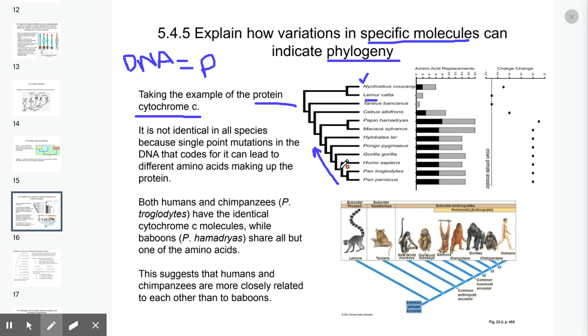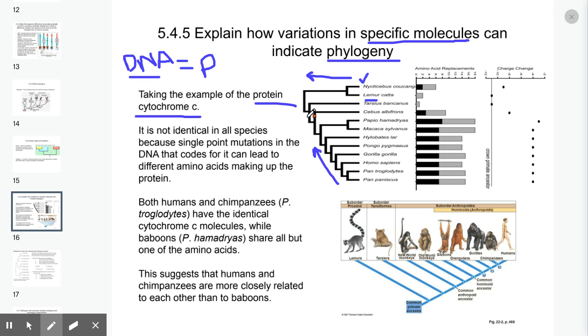Second, we can also identify how long ago the changes occurred. So the more changes in the amino acids of the protein, the more mutations that have happened in the DNA, and we can predict using molecular clocks how long ago those divisions or separations into different species took place.